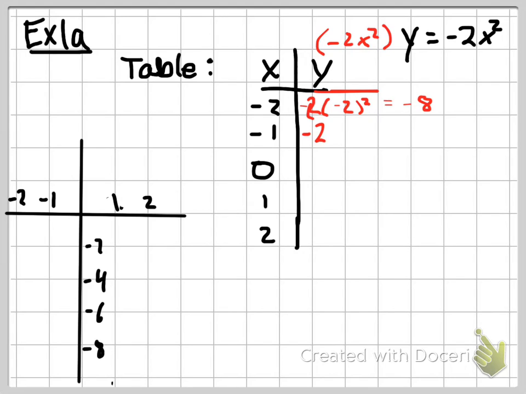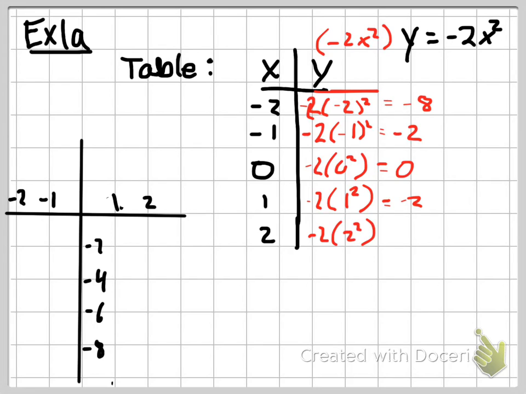Negative 2 times negative 1 squared equals, negative 1 squared is 1 times negative 2 is negative 2. Negative 2 times 0 squared equals 0. Negative 2 times 1 squared equals negative 2. Negative 2 times 2 squared equals negative 8.